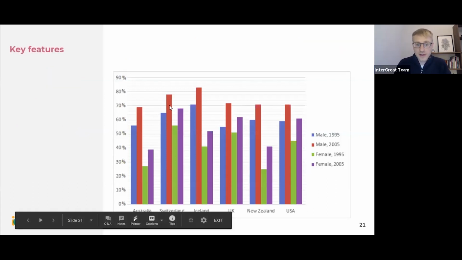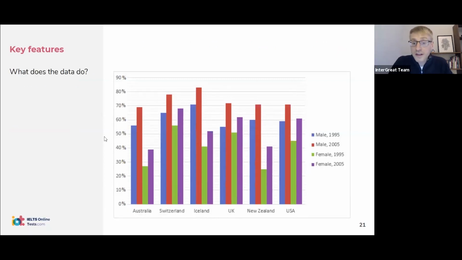So, let's take a look. We'll discuss this in a moment, Attila. The overview is basically your summary. So we're trying to think, what does the data do? First of all, does it go up or down? So looking at this chart, is there an increase or a decrease overall between 1995 and 2005?